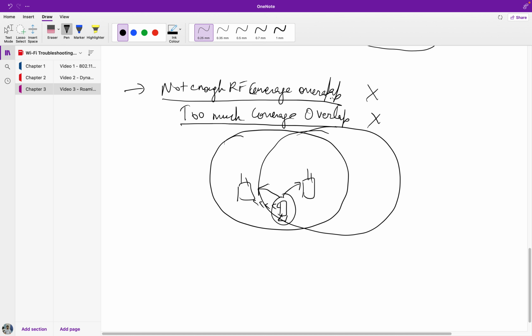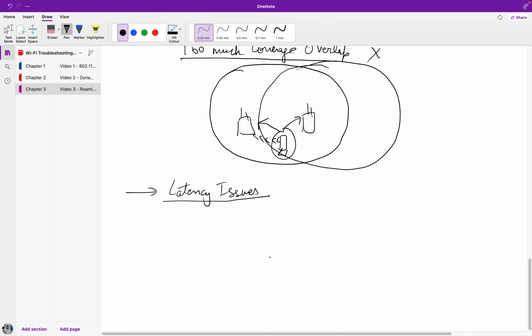Another thing that I want to highlight is the latency problem that the client faces during roaming. Let me write that down: latency issues. How is that happening? Let's say my client is using the 802.1x security protocol, EAP authentication. The entire process of EAP will take approximately 700 milliseconds to finish.